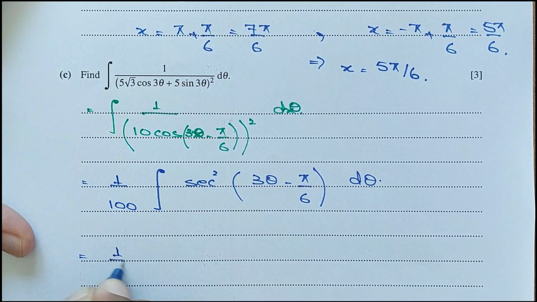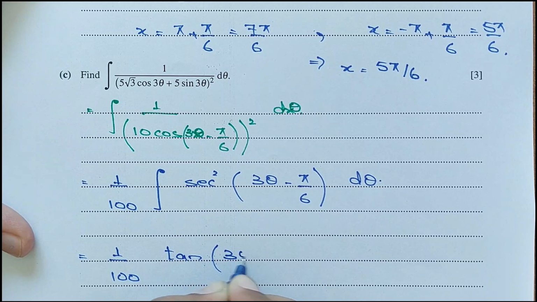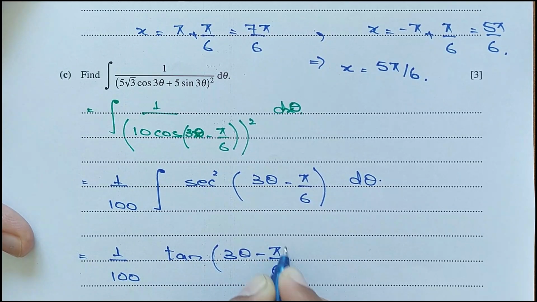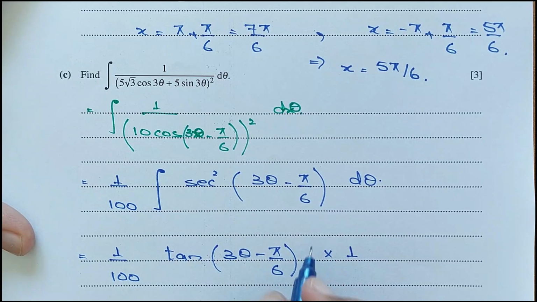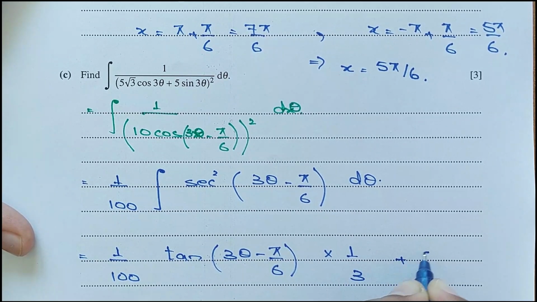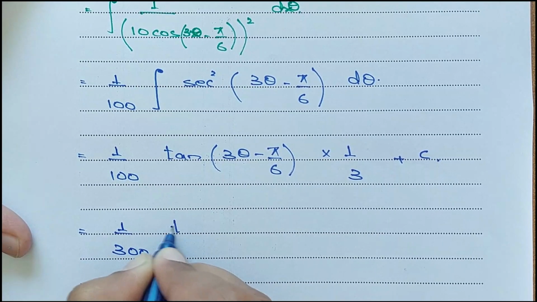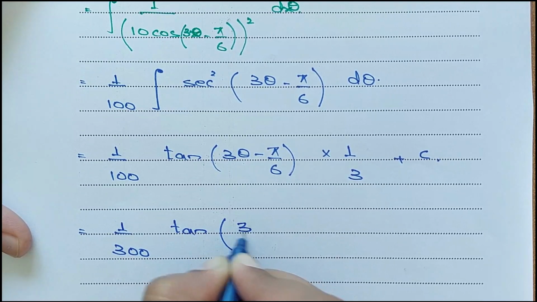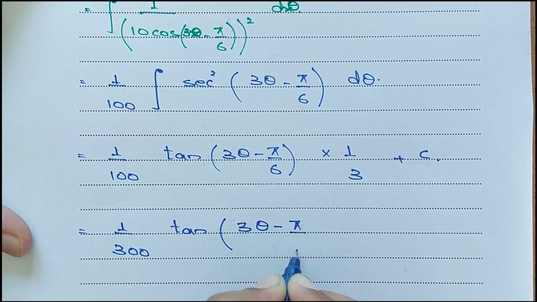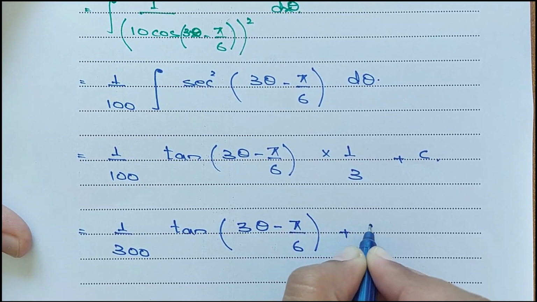So we get 1 over 100 tan(3 theta minus pi by 6) multiplied by 1 over 3, since the derivative is 3, plus some constant of integration, right? So it is 1 over 300 tangent of (3 theta minus pi by 6) plus c.